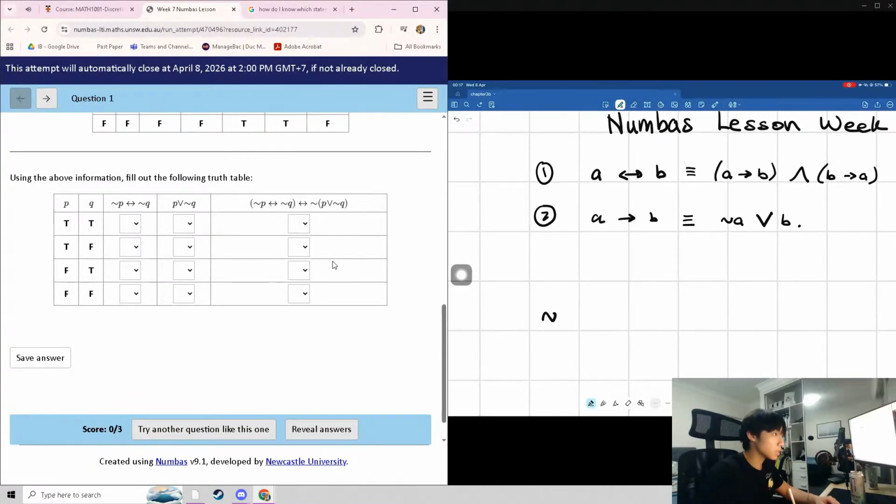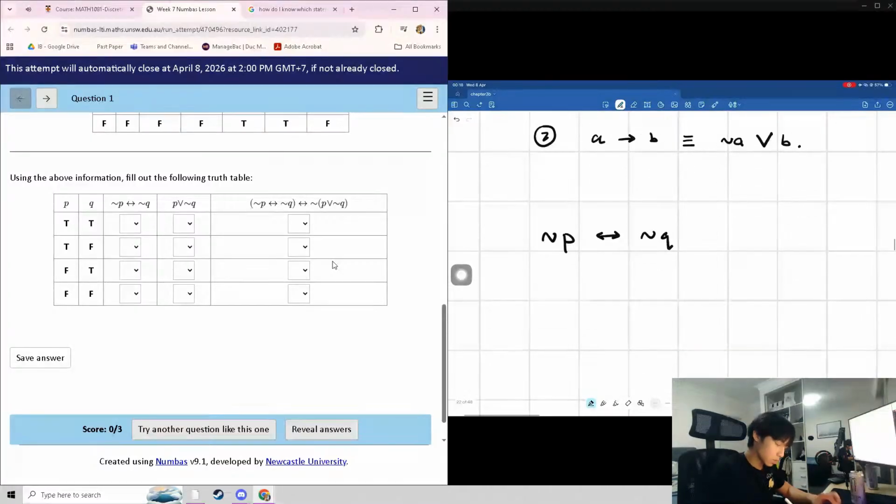So the negation of P double implication negation of Q, we could turn this into that implies that and that implies that.